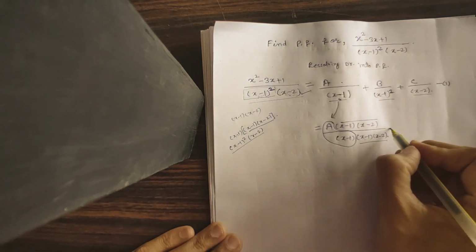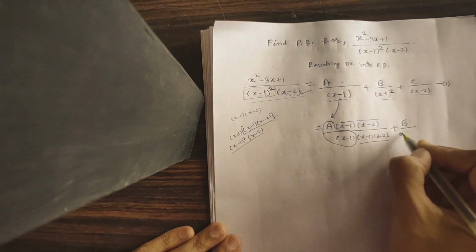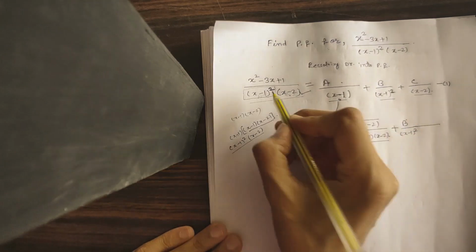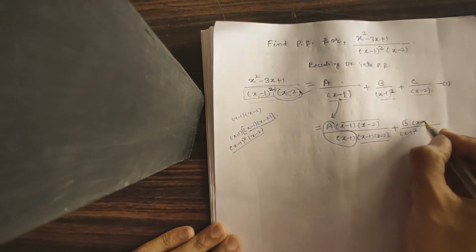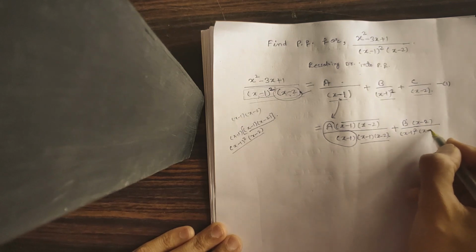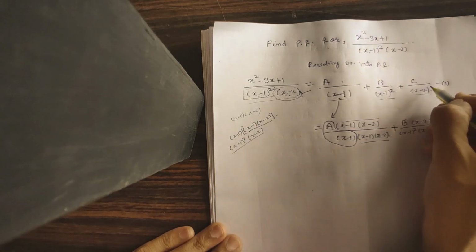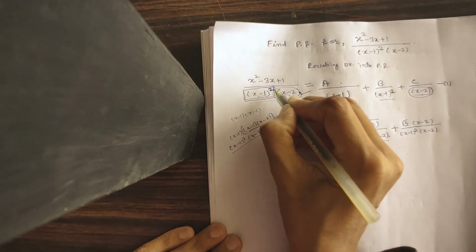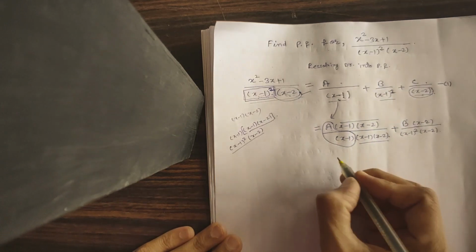Now similarly, I'll do the same with b. So b upon x minus 1 square is already there. What is not there? x minus 2 is not there, so I multiply and divide with x minus 2. Now for the third term, I have x minus 2. What is missing here? x minus 1 square is not here, so I multiply and divide with x minus 1 whole square.